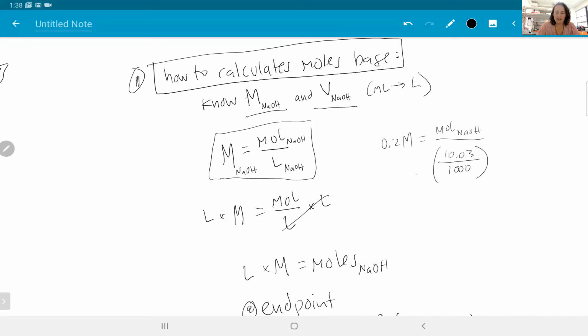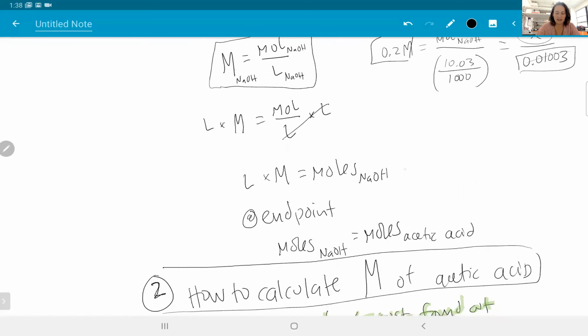So essentially we have this algebraic formula where it's x over 0.01003. You simply multiply the volume in liters by the concentration, and you get your x, which is the moles of sodium hydroxide. That's how we can calculate the moles of sodium hydroxide.